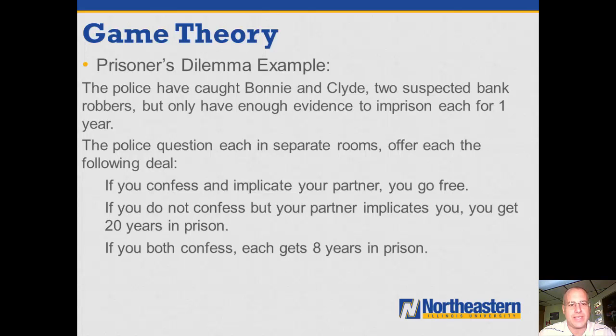If you confess and implicate your partner, you go free. So essentially, if you pin the rap on the other guy, we're going to let you go. If you don't confess, but your partner implicates you, you go to jail for 20 years. If you both confess, each gets 8 years. And if you both keep your mouths shut, you just get the 1 year sentence that they have enough evidence for.